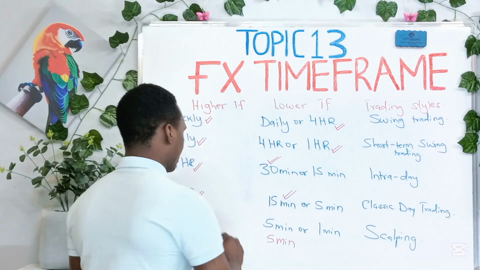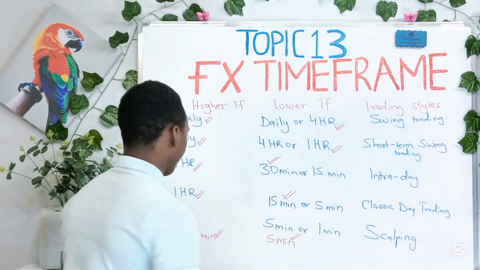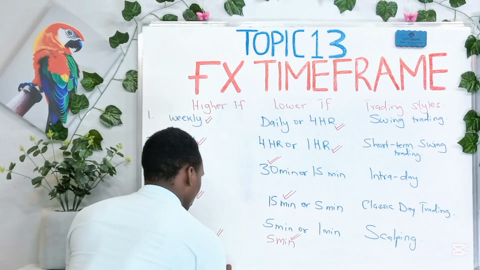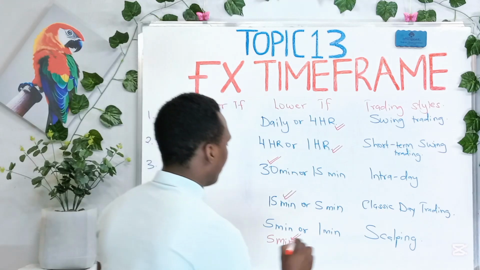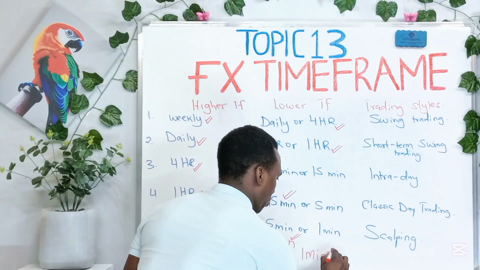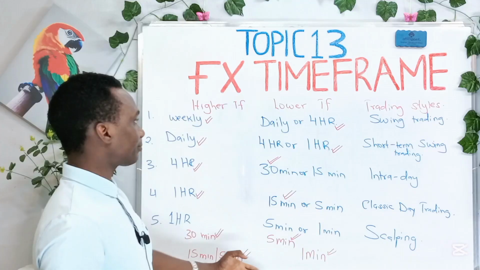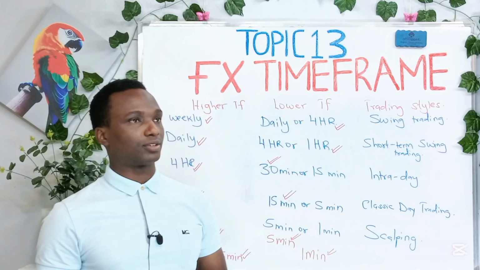Then you come to 15 minutes as your large time frame or 5 minutes as your large time frame, and on the lower side you have 1 minute. So 1 minute, 5 or 15 minutes. These are always the best combinations. All right, good.